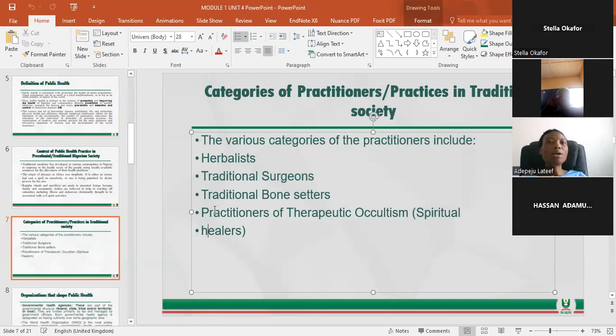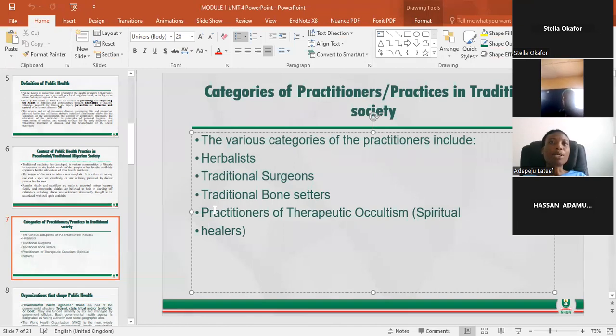Because when an individual, for instance, is having a disease like leprosy, even as far back as ancient times, in our context, they isolate the person. They put the person in isolation because they don't want the person to contaminate others.